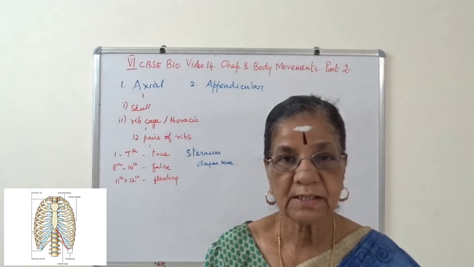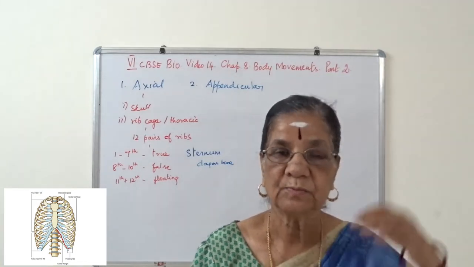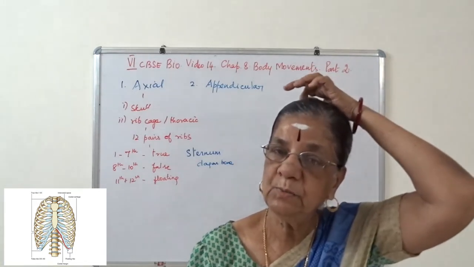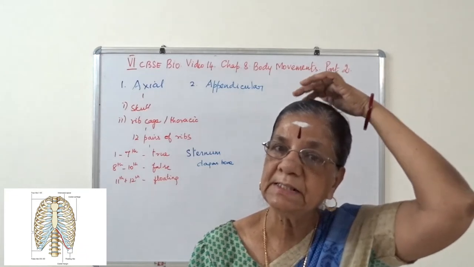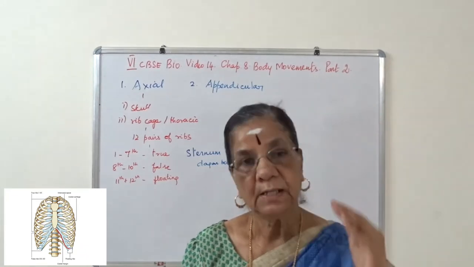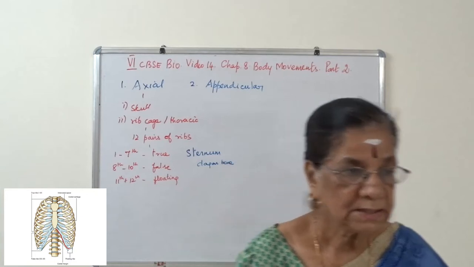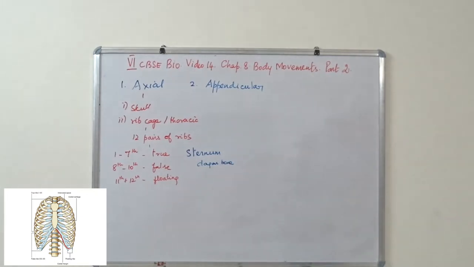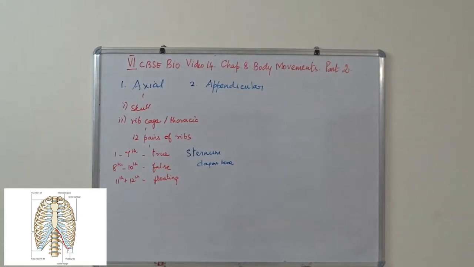Then the ribs 8, 9 and 10 are fused and then attached to the sternum. So this is indirect attachment, so they are called false ribs. I hope you follow.